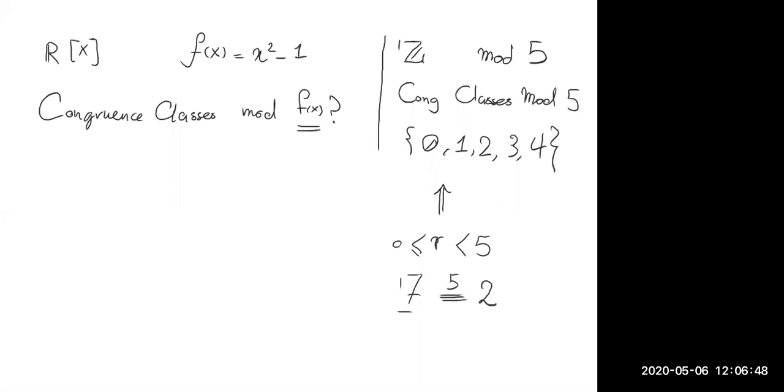So we can always reduce 7 to 2, something which is less than 5. That's kind of the case here. When we are studying congruence classes mod a polynomial like f, a similar thing is to say the degree of these polynomials is greater or equal than 0, and it's less than the degree of f.